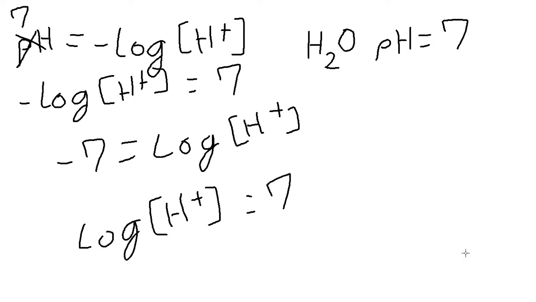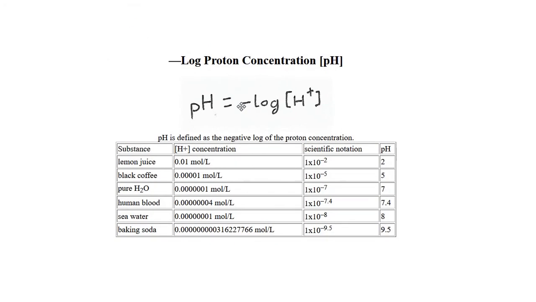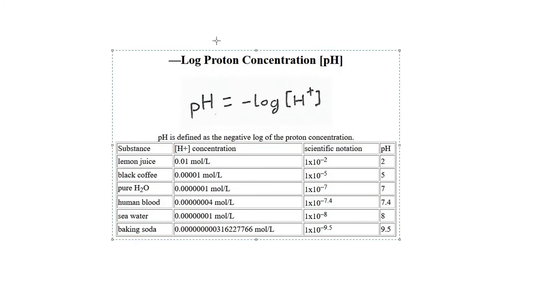So what does that mean? Well, let's look at a couple of examples here really quick. Here we see a few examples. If we look at the first thing on the list, lemon juice, that has a proton concentration of 0.01 moles per liter.